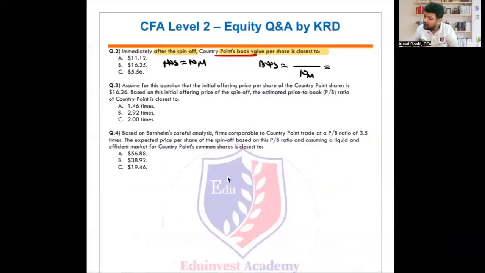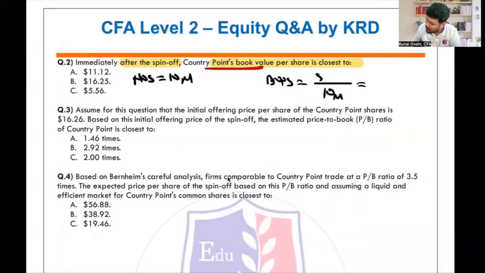That's the value of equity, isn't it? 55.6 million divided by how many shares were allocated? 10. So it has to be 5.56. Easy. This is immediately after spin-off. Future depends on the free cash flow, but at the point of spin-off, this should be the case. We allocated them 55 million equity and we issued 10 million shares. So at that point, the book value should be this. Clear?